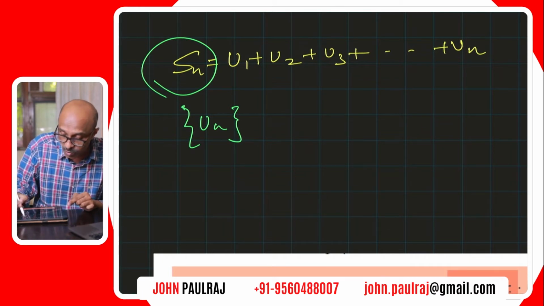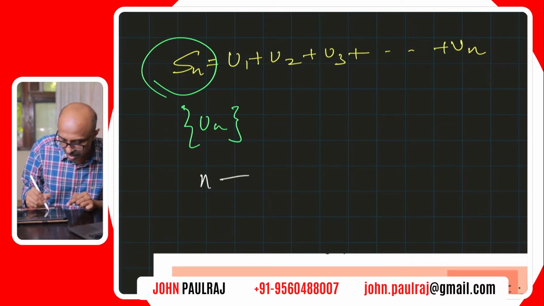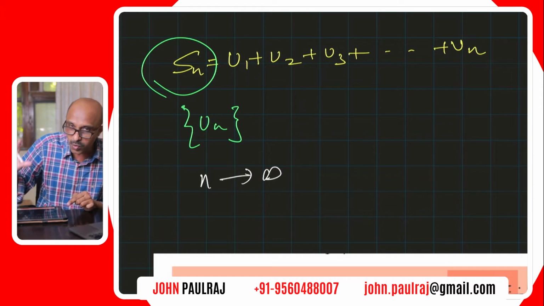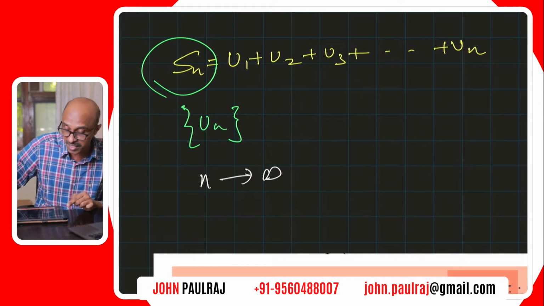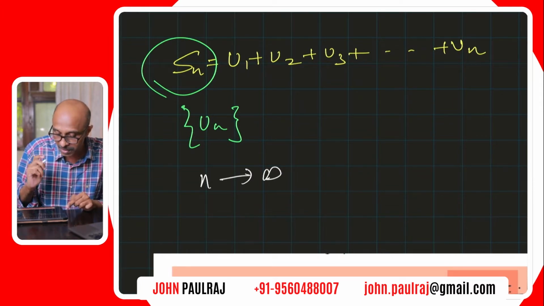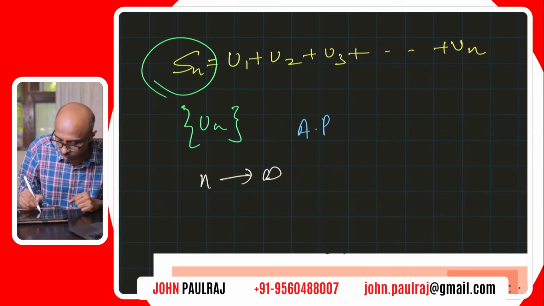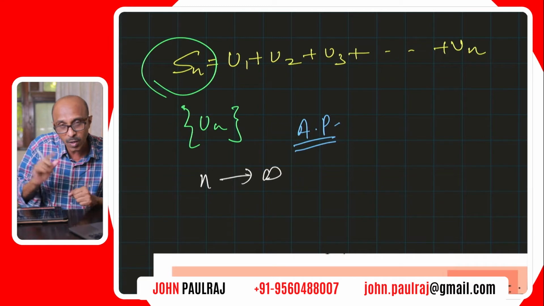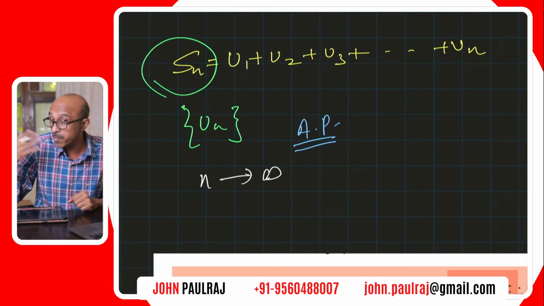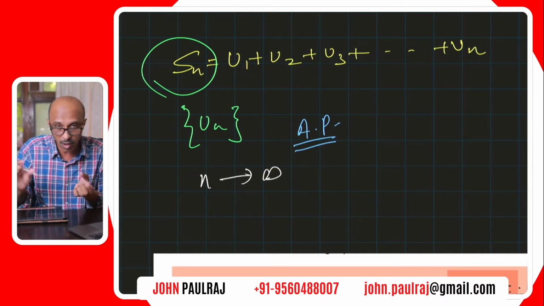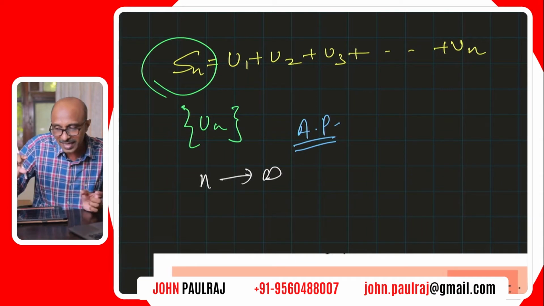Now the question is, what would happen when n becomes really large, grows without bound, tends to infinity? The idea of limits comes into play, all right? In the case of an arithmetic progression, we are always adding a term, whether it's a positive term or a negative term. The constant difference keeps adding on to each successive term.